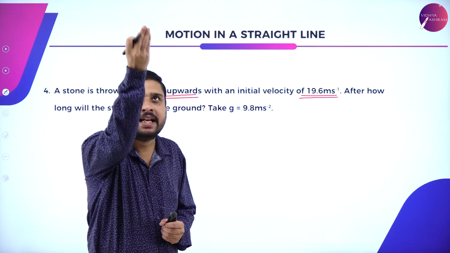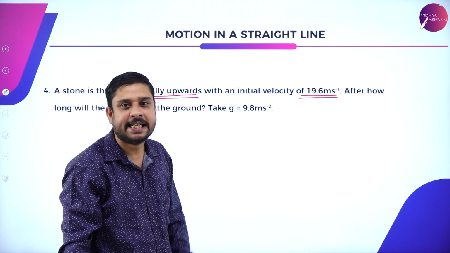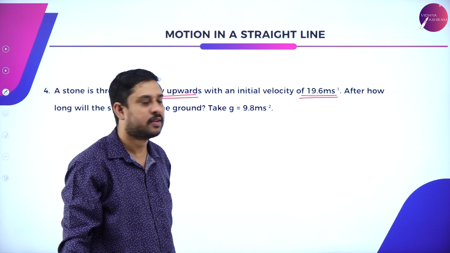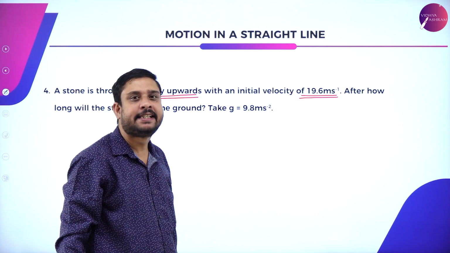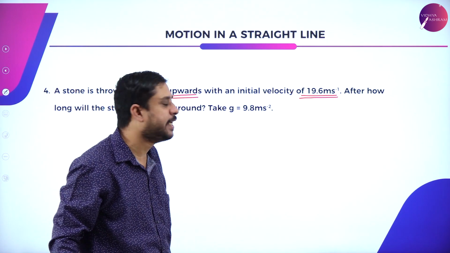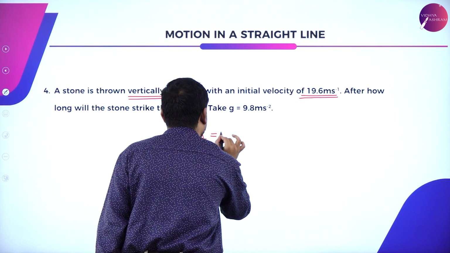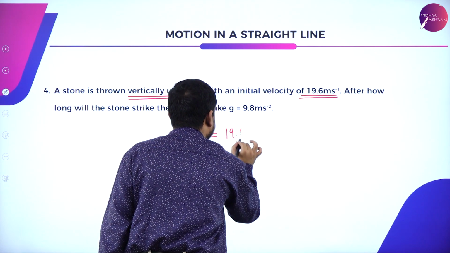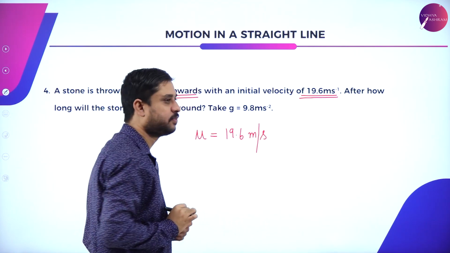So a stone is thrown vertically upwards with a velocity of 19.6 meter per second. So u is 19.6 meter per second.